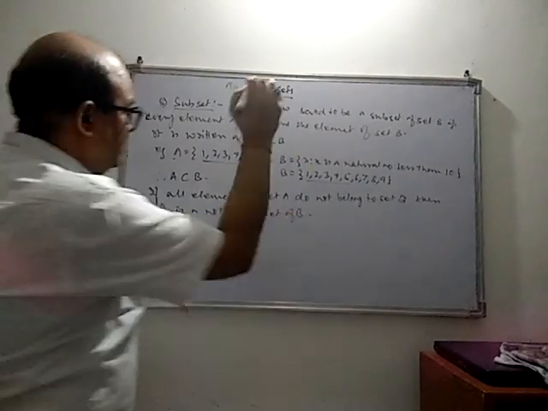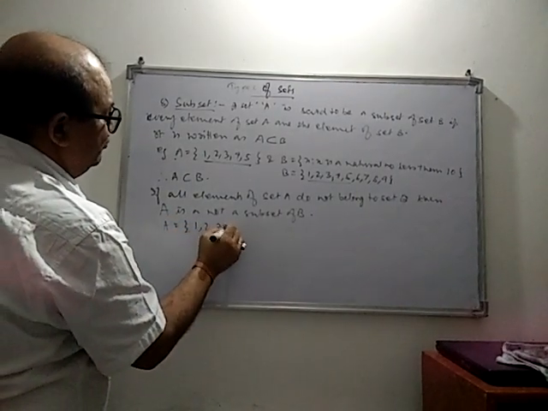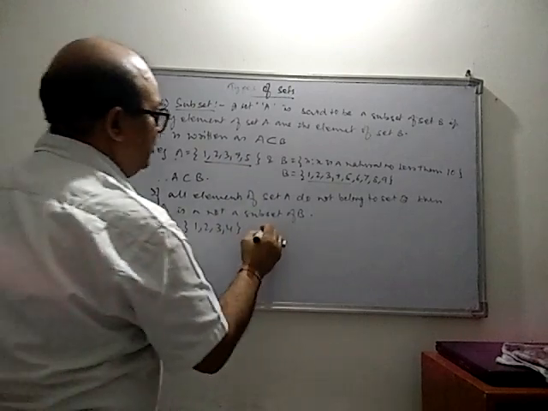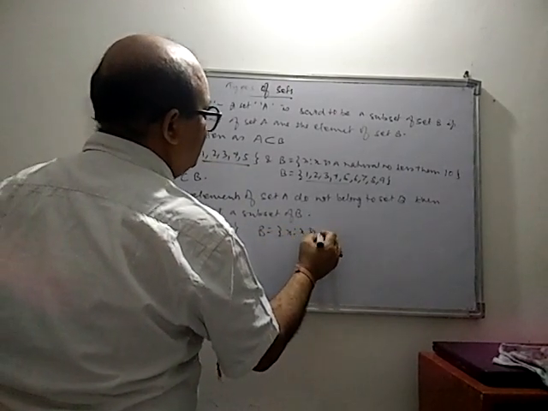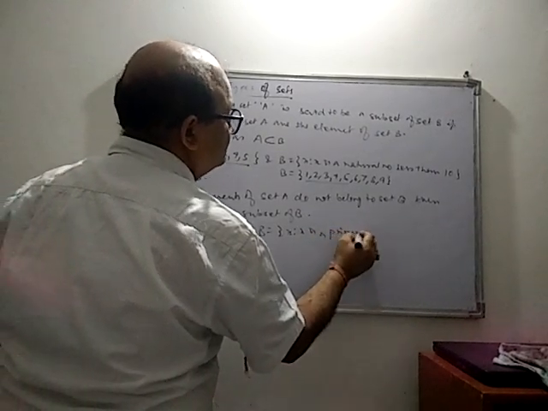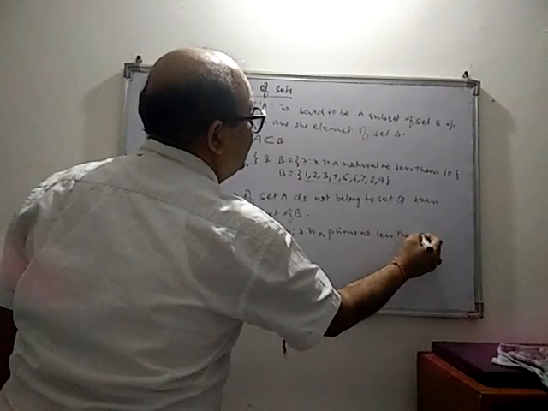How? Suppose A equals {1, 2, 3, 4} and B equals {x such that x is a prime number less than 10}.